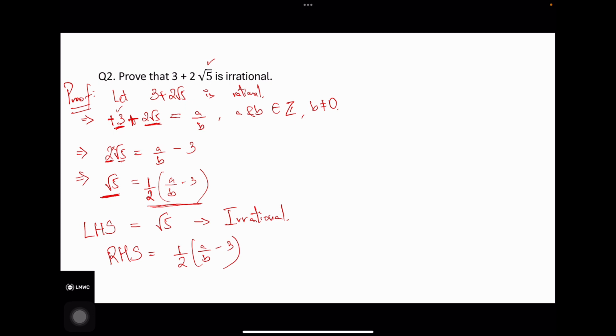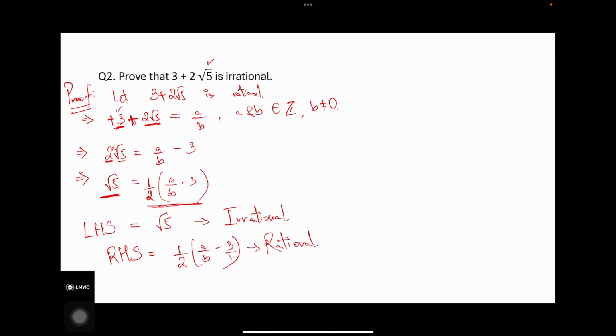Now if you simplify it, this a by b is a rational number, 3 is also a rational number, because we can write it as 3 by 1. So a rational number minus a rational number, the answer will always be a rational number. And a rational number times a rational number, if you take the product, the answer will always be a rational number. So this whole right hand side is a rational number.